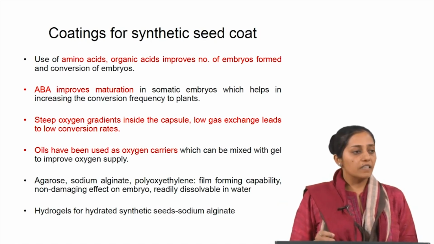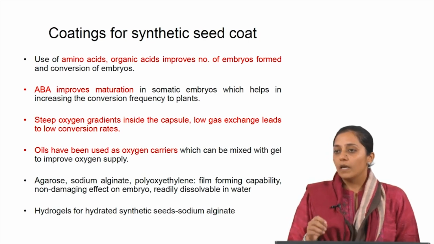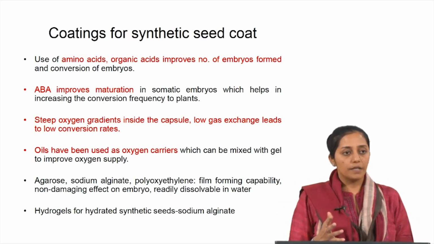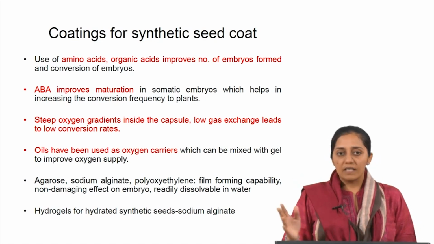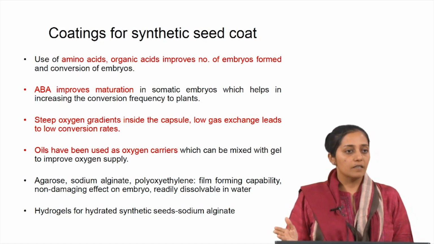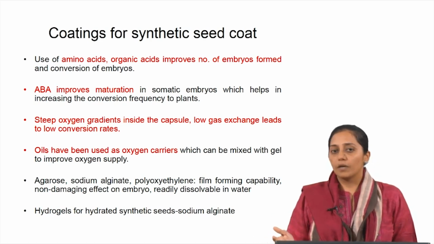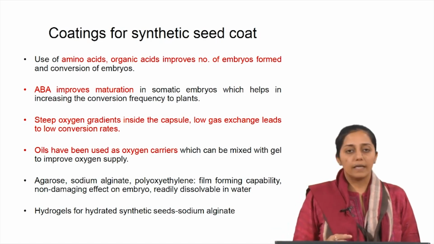Abscisic acid, which is ABA, has been found to improve the development of embryos. There are 4 different stages we learnt in somatic embryos. The rapidness with which a somatic embryo converts into a cotyledonary stage, where root and shoot primordium are formed, leads to regeneration of plantlets.